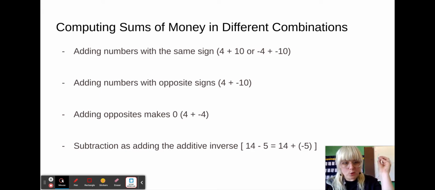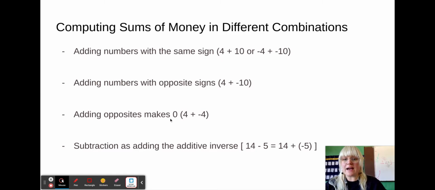So negative 14. You can also add numbers with opposite signs. So here's a positive added to a negative. We would say maybe I deposited $4, but then, oops, I forgot that I owed someone money, so then I had to withdraw 10. So that was two transactions, a transaction of a positive, and then you added a transaction of a negative. So what was left was $6. 4 plus negative 10 equals a positive 6.